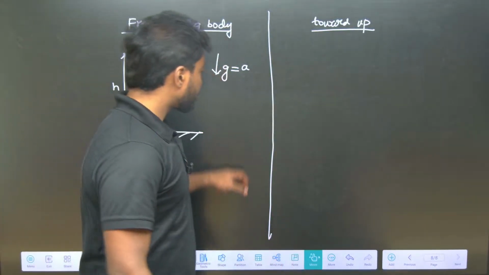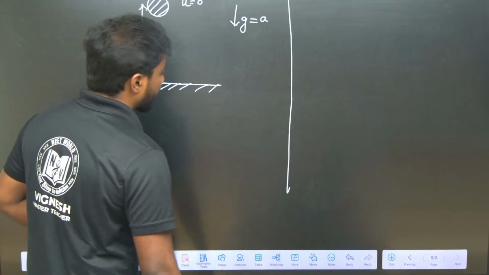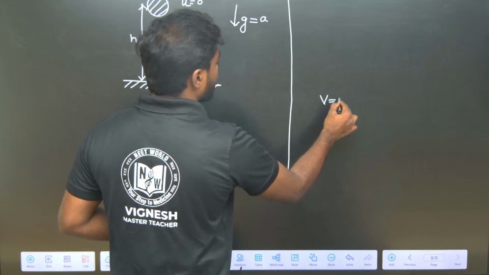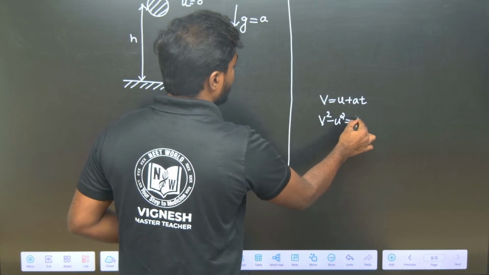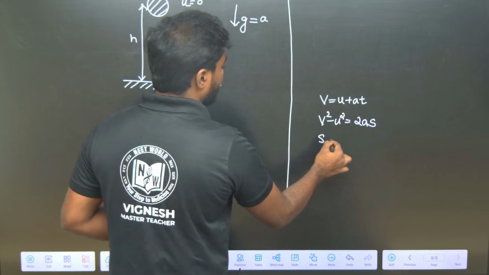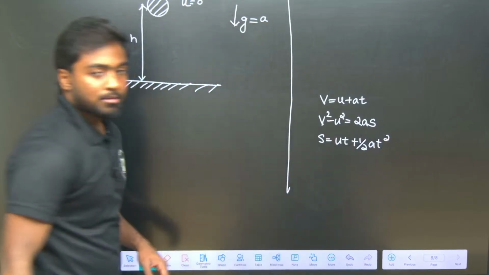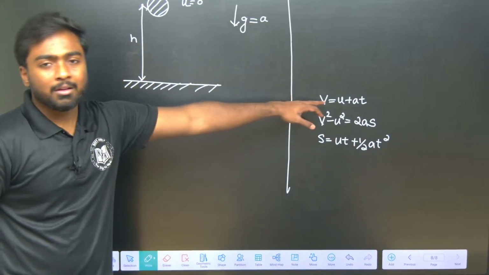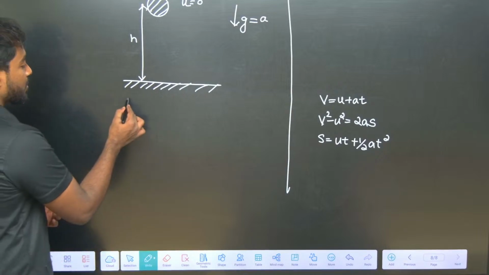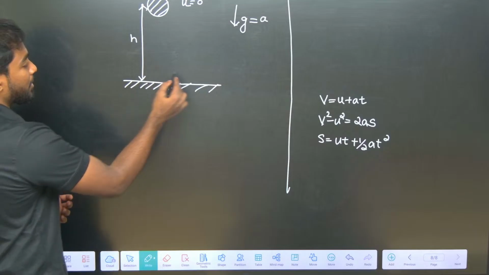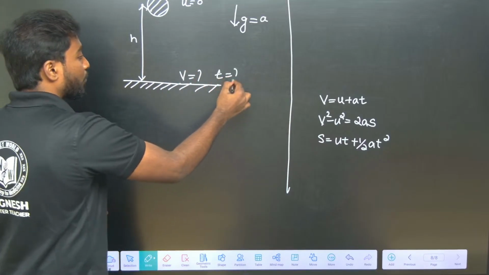Let me find them by using those three equations. First, let me take the equations: v = u + at, v² − u² = 2as, s = ut + 1/2 at². Now the first equation: v = u + at. v is the thing I need to find, t is the thing I need to find.